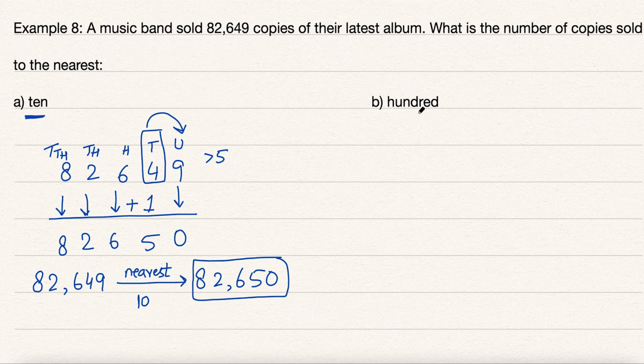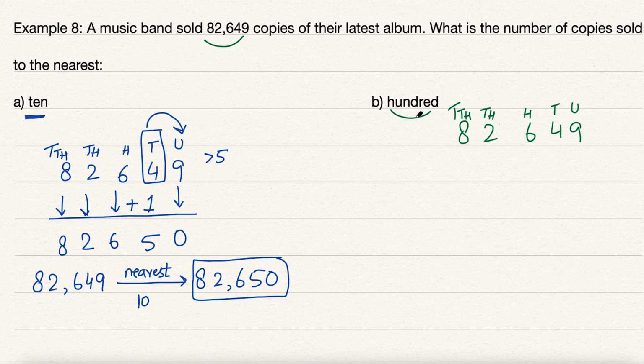Now let's do part B. Here we need to find out how many copies were sold correct to the nearest 100. Write this number 82,649. Mark place values, units, tens, 100, 1000 and 10,000.